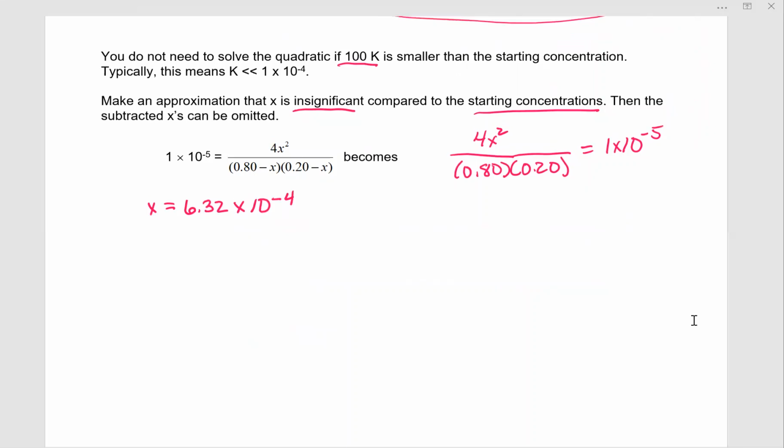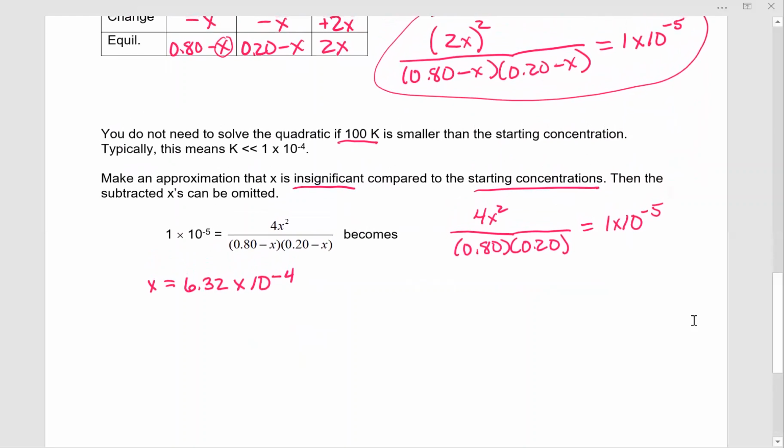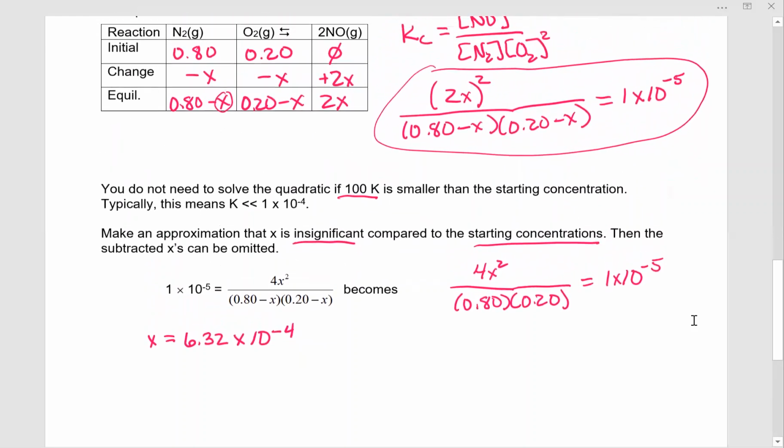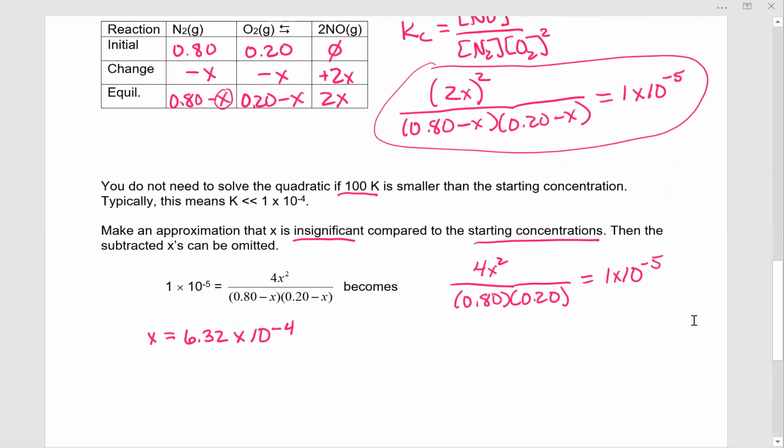So we're going to go back to that bottom part of the equilibrium table so that we can see it up there. So we have the nitrogen is going to be approximately equal to 0.80 minus x. The 6.32 times 10 to the negative fourth is really, really small.